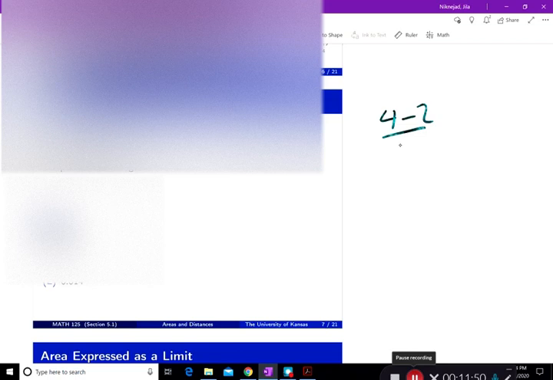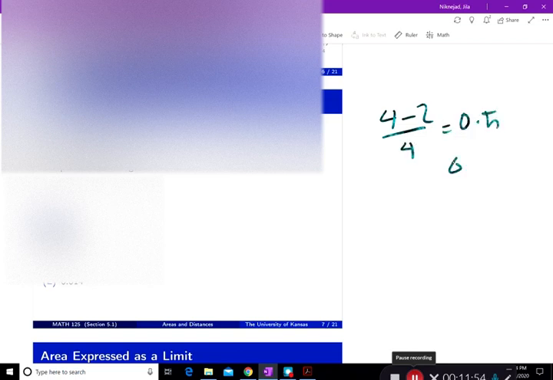So let's do a clicker question 1 and approximate the area under f of x equal to x to power -1 on the interval 2 and 4 by dividing it into n equal to 4 segments and choosing x1 to x4 to be the midpoints of the line segments. So let's say first of all, 4 minus 2 divided by 4 is 0.5.